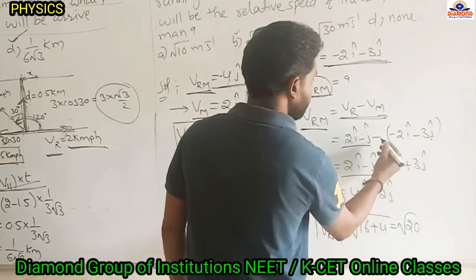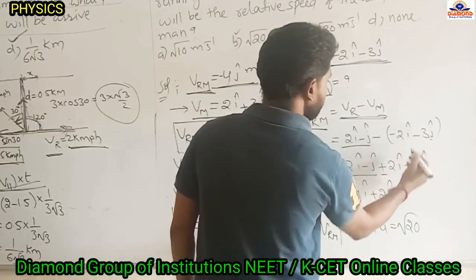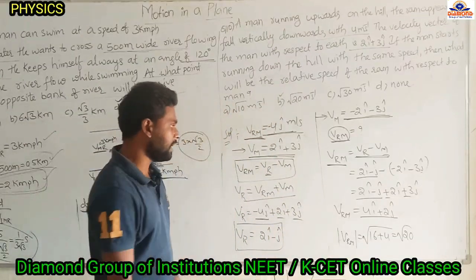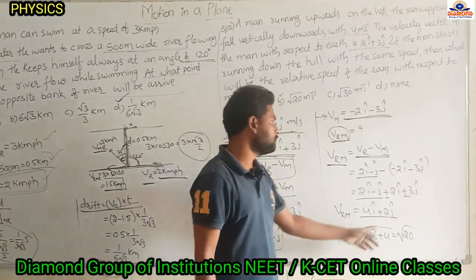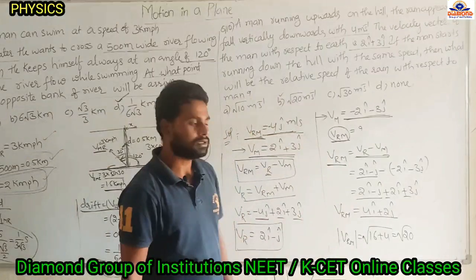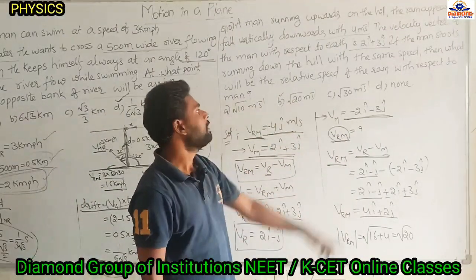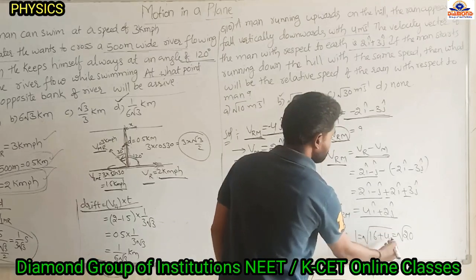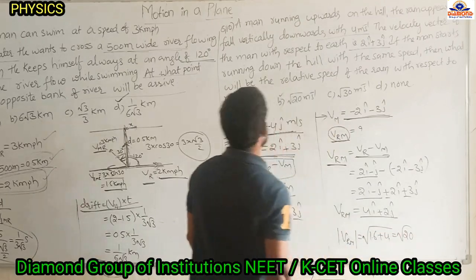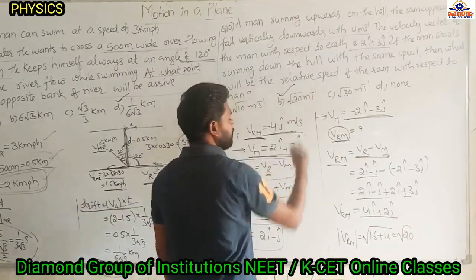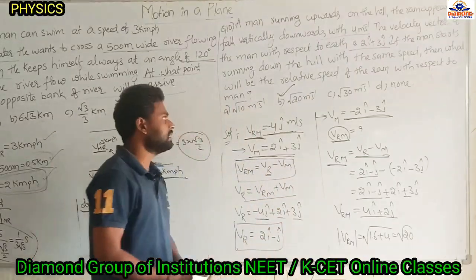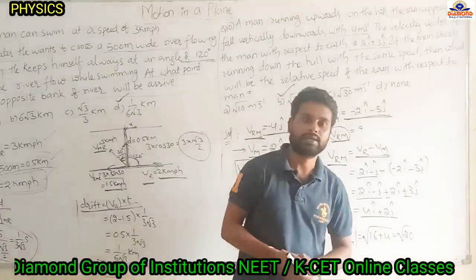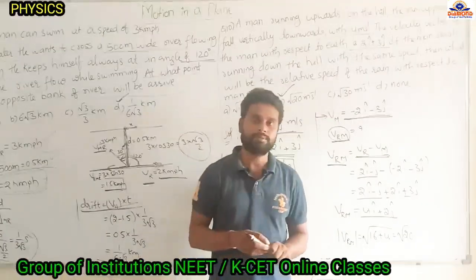So 2i minus j, and minus into minus is plus, and we get the velocity of the rain with respect to the man as 4i plus 2j cap when the man is coming down. But they are asking for the magnitude, so the magnitude equals the square root of 4 squared plus 2 squared, which is 16 plus 4, 20, square root of 20. So the magnitude of the velocity of the rain with respect to the man is square root of 20 meters per second. Like this you have to solve the problems. Thank you.